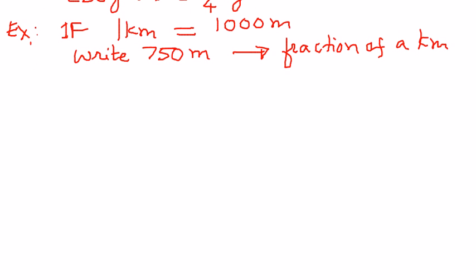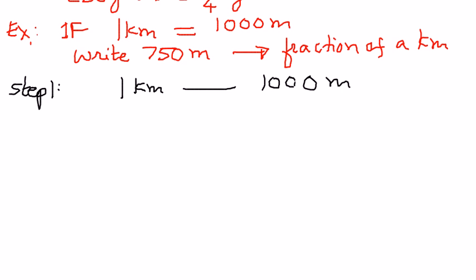We'll write down the steps like what we did before. Step number 1. What is given to us is this: 1 kilometer is equal to 1000 meters. Let me write this correctly. 1000 meters. We want to know 750 meters is equal to how many kilometers. So we're going to cross multiply this and then figure out what is the fractional part of 750 in terms of kilometers.